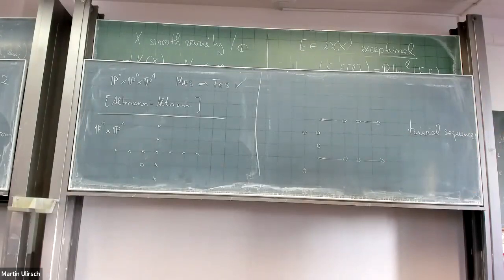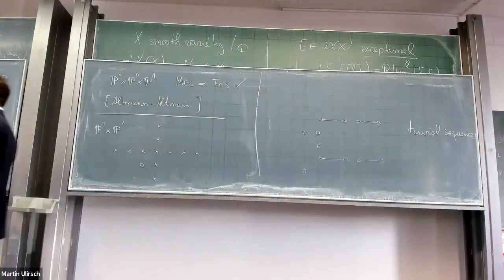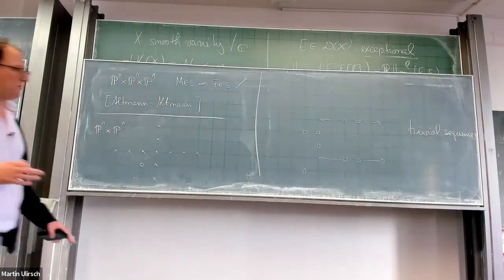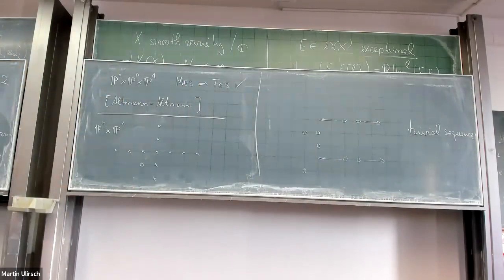Now, you might wonder, I was speaking about exceptional sequences, and that's what we need to install in order to speak about the sequence. It turns out that this is very important. We can always lexicographically order the sequence.